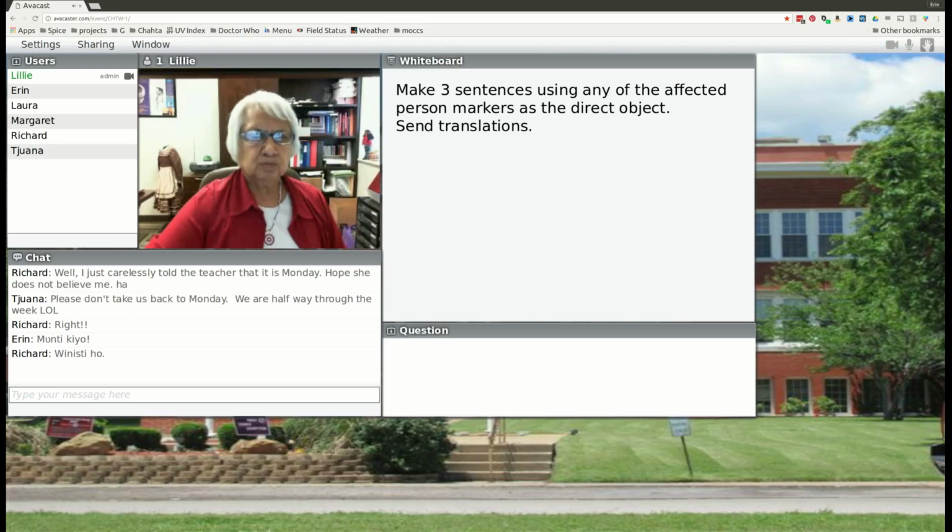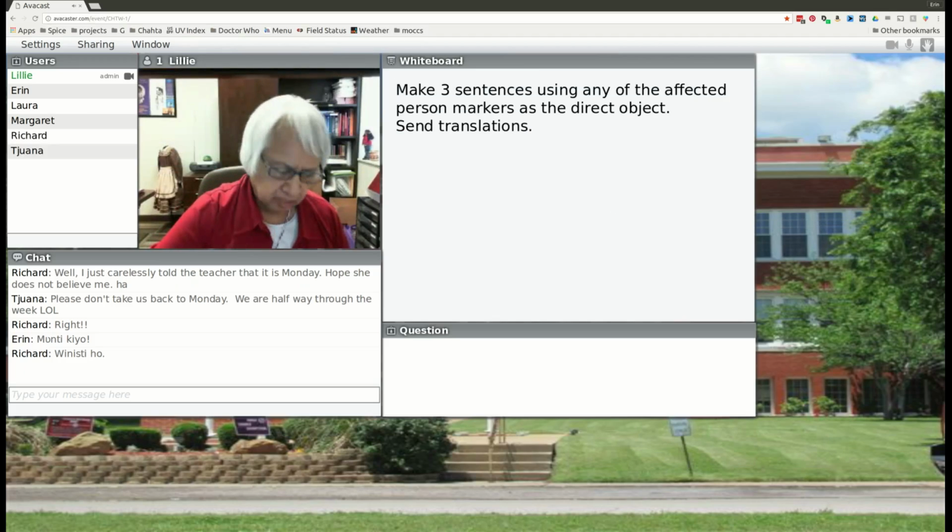Your instructions were to make 3 sentences using any of the affected person markers. And my intention on this is that you would use 3 different ones. That kind of expands your knowledge and something that you can retain by using different ones.